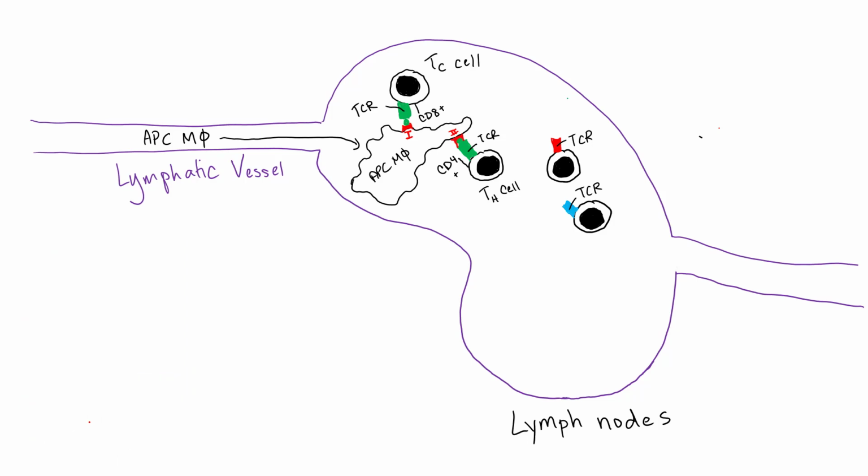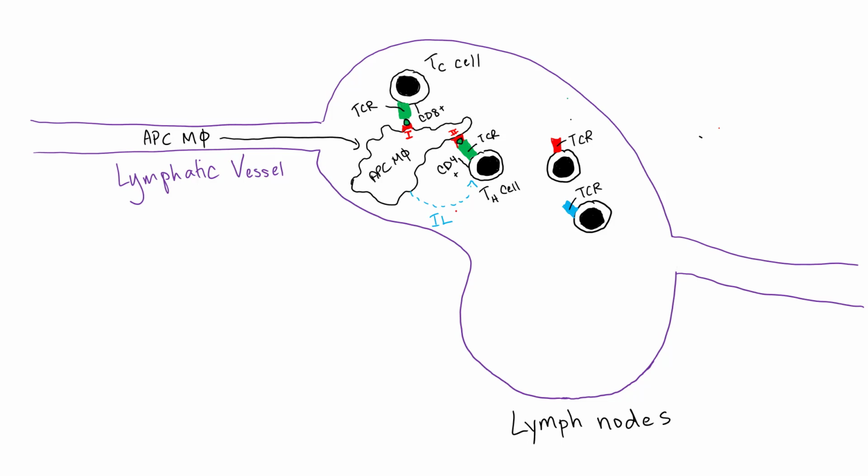So remember, we have these green viral antigens. I'm going to circle that. So we have these green viral antigens complex to MHC, and now that's being presented to a cytotoxic T cell and to a helper T cell. And when we get that very specific binding interaction between these complexes, then we also get activation with interleukins. So there's an interleukin signal that would be sent from the antigen presenting macrophage to the helper T cell.